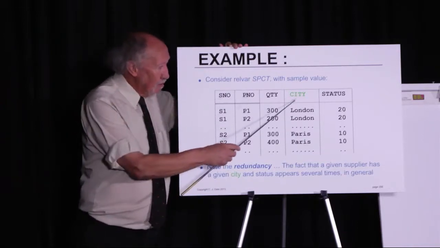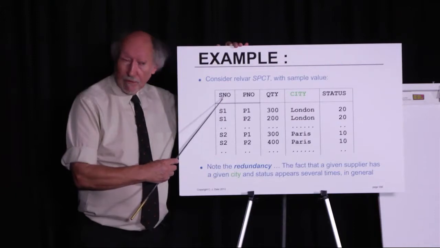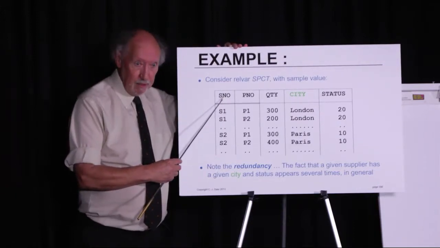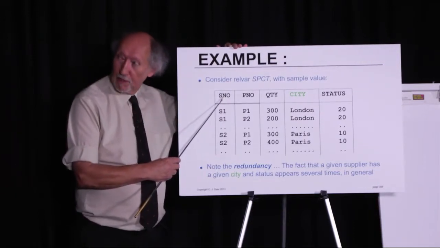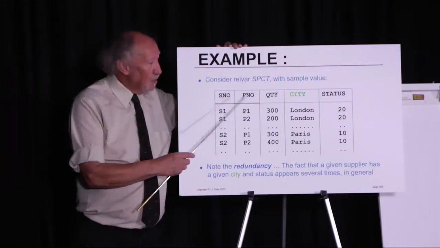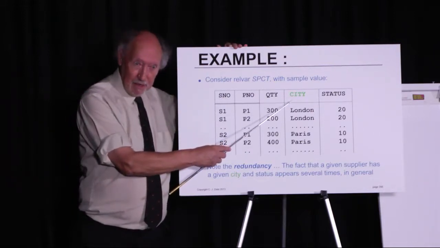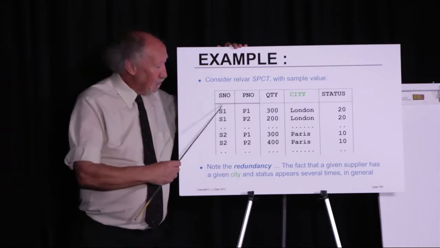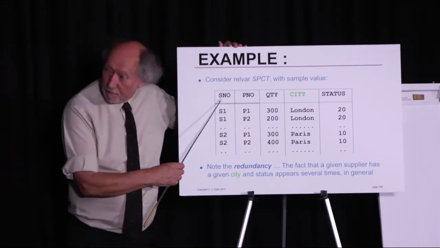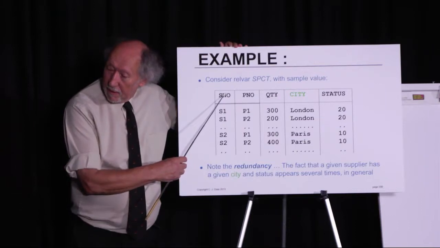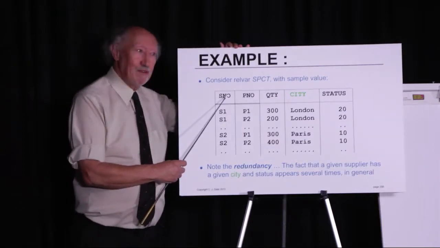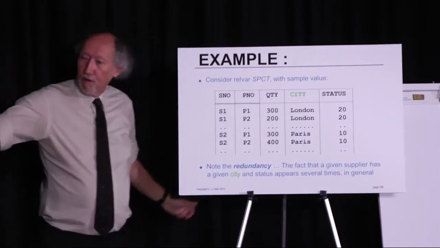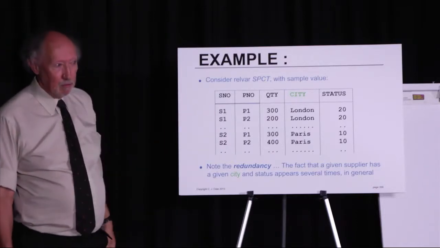But in that FD, the left-hand side is not a superkey, so property A fails. The right-hand side is not a subkey, so that one fails. And the left-hand side is a subkey, so that one fails. So all three of these fail, and therefore this is not in second normal form.